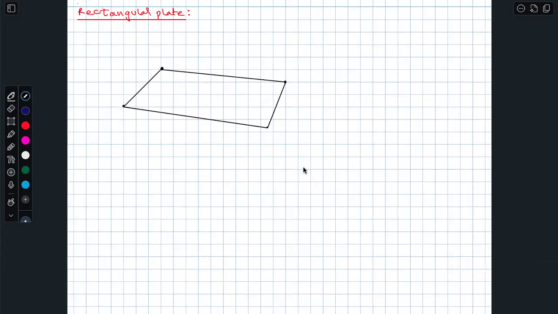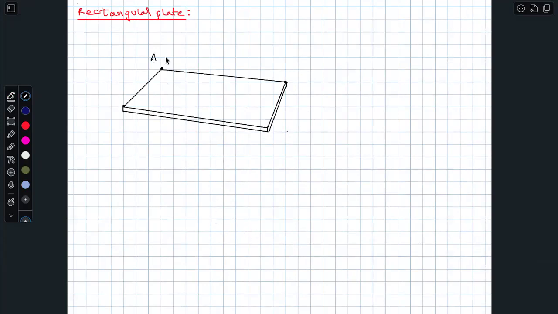This is a rectangular plate. You are seeing this in a 3-dimensional view. To the best of my knowledge, I have tried my level best to draw this as a 3D structure.